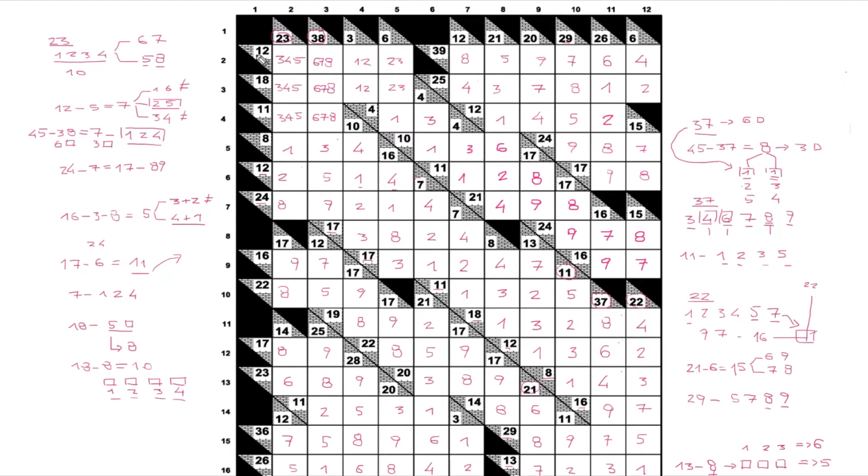Okay, let's see. Number 12, it cannot be number 8 and it cannot be number 7, because we need 3 numbers to make the minimum number, and this minimum number is number 6, and here has to be number 6. If here is a number 6, here cannot be 4 and 5, here has to be number 3.